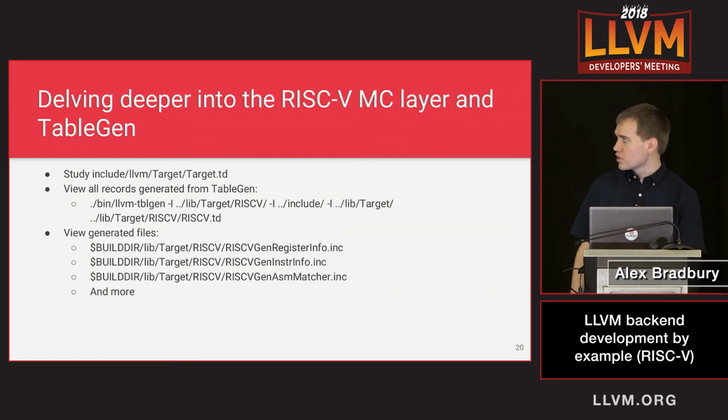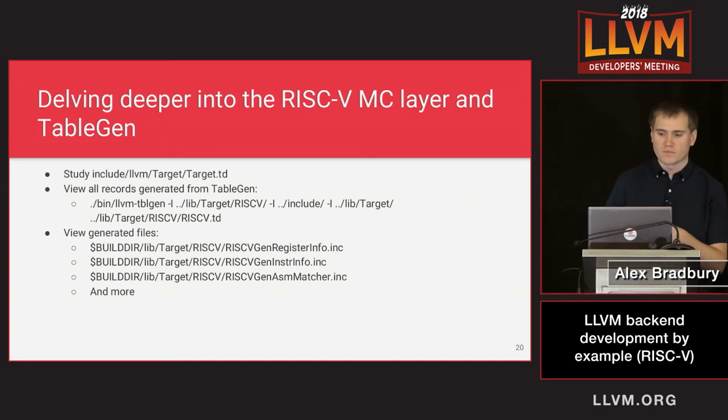Also, looking in your build directory at the files which get spit out is useful. TableGen's model is that it parses its input and produces records based on that input, but then it has a series of different generators, or you'd call them backends, which will spit out generated files for different purposes. In this case, for the register info, instruction info, and the code for matching in the assembler.